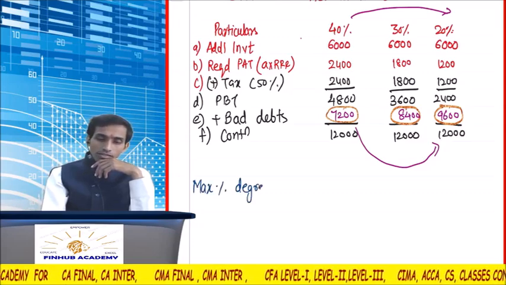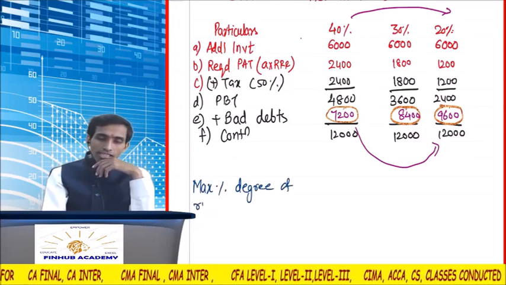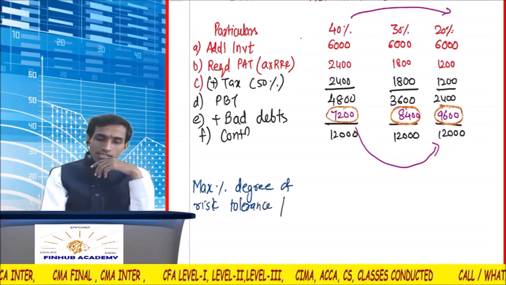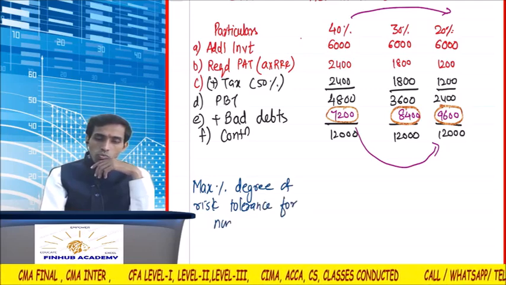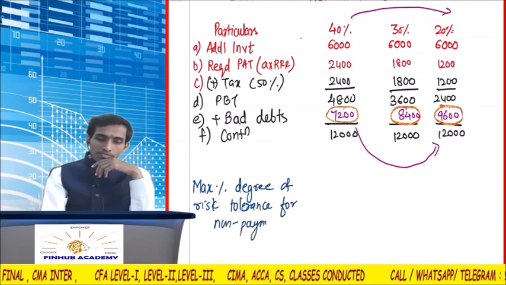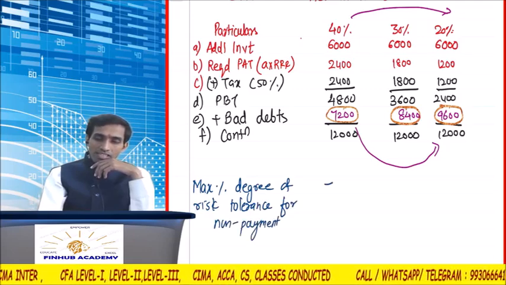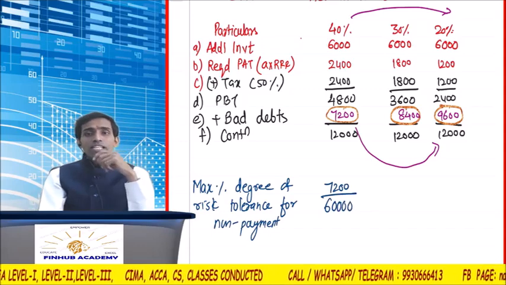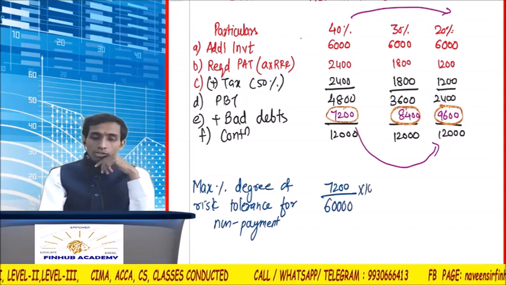Okay, maximum percentage degree of risk tolerance for non-payment. Please remember, bad debts will be calculated on sales, not on contribution.